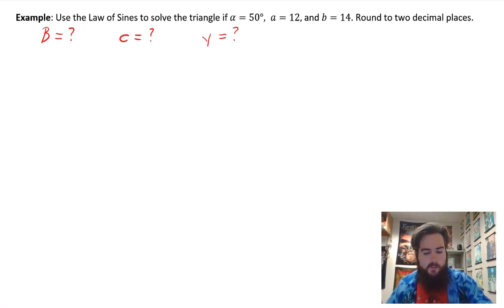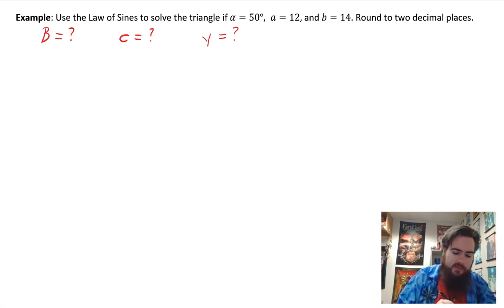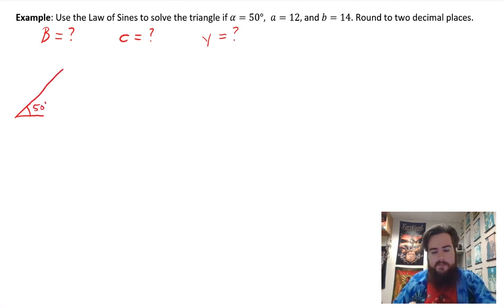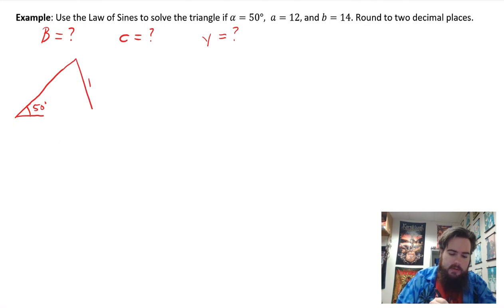Now the triangle that we have, if I make a quick sketch of this, 50 degrees would look something maybe like this. That is our value of alpha. We have a side length across from it that is 12. And we know another side length b, I can use either of the other missing side lengths to designate that.